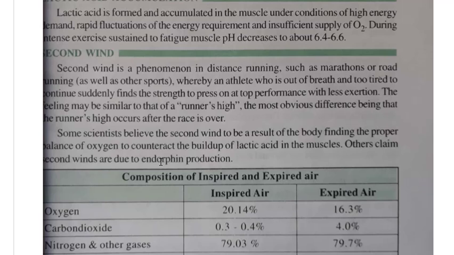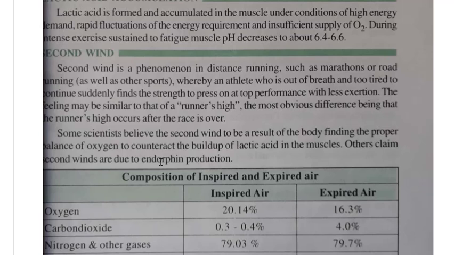The feeling may be similar to that of a runner's high, the most obvious difference being that the runner's high occurs after the race is over. Some scientists believe the second wind to be a result of the body finding the proper balance of oxygen to counteract the buildup of lactic acid in the muscles.